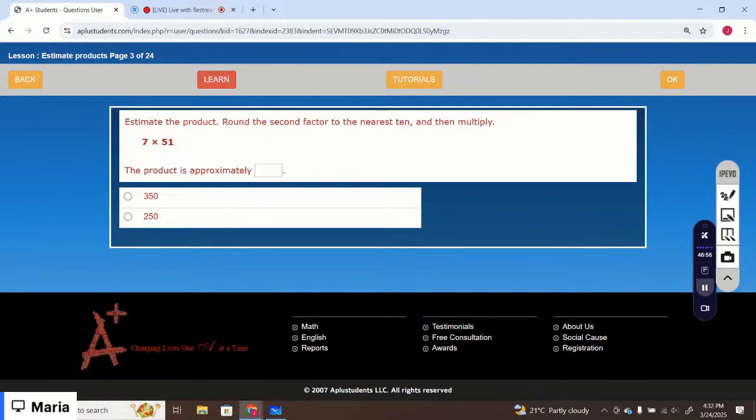Estimate the product. Round the second factor to the nearest 10 and then multiply.